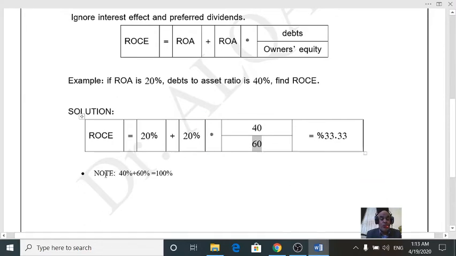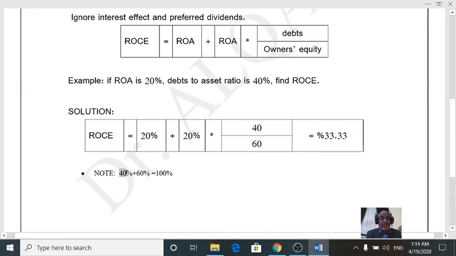How? If you write the accounting equation, 40% plus 60% equals 100%. Debt plus owner's equity equals total assets. 40 over 100 equals the debt to asset ratio, and 60 over 100 is the equity to assets ratio, but I need the debt to equity ratio.